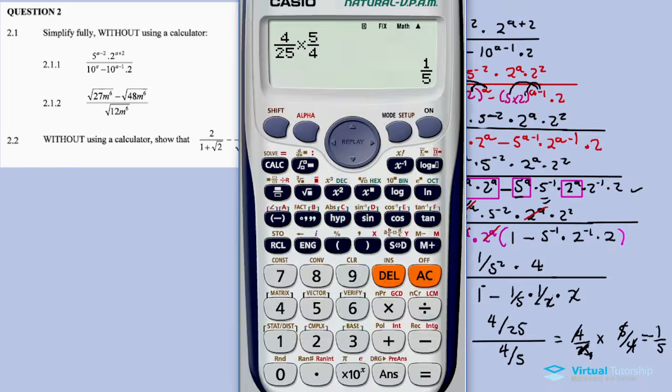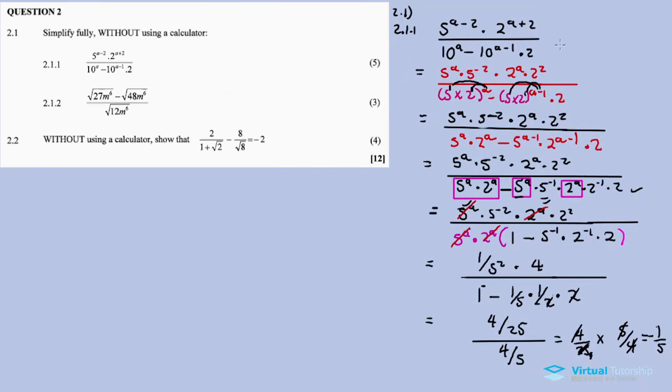Answer is 1 over 5. I believe there's also another way you can approach the problem. Instead of changing these 10s into prime numbers, you can just multiply out here, right? You can create another 10 up here.